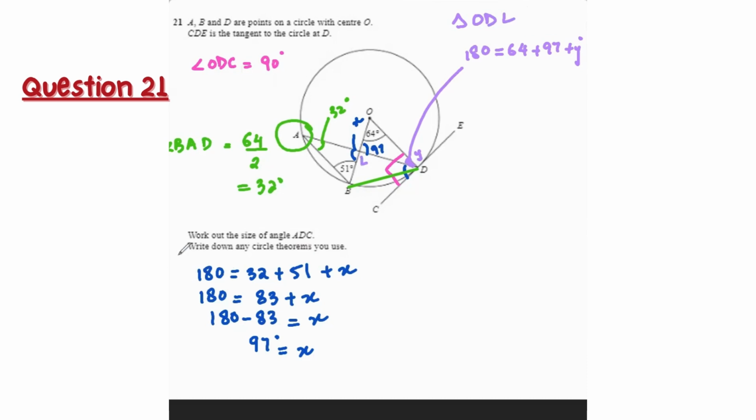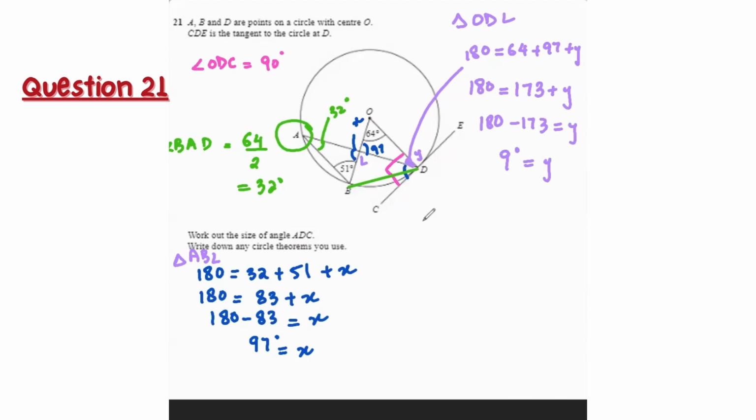And this was triangle ABL. So we will do 180 equals 173 plus y. Then 180 minus 173 equals y, which is going to be 9 degrees.